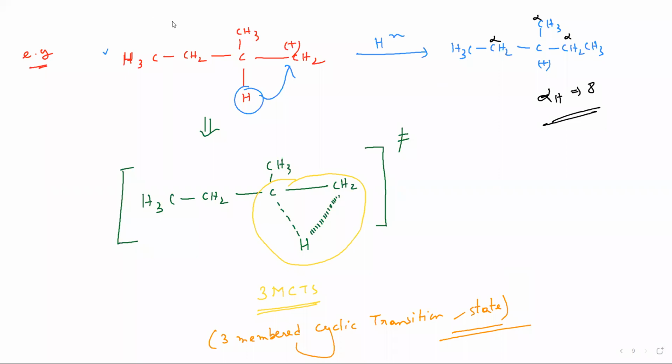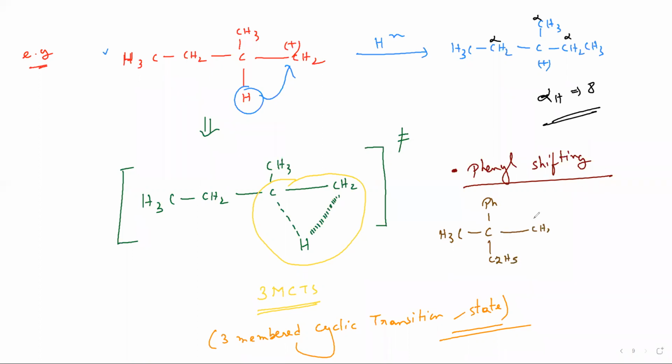Now I am going through an example which is phenyl shifting. Phenyl shifting is shifting of the phenyl group, that means the benzene group. Suppose this one is present, Ph means any benzene group. Here a C2H5 alkyl group is present, CH2. The alpha H value is 0 here.